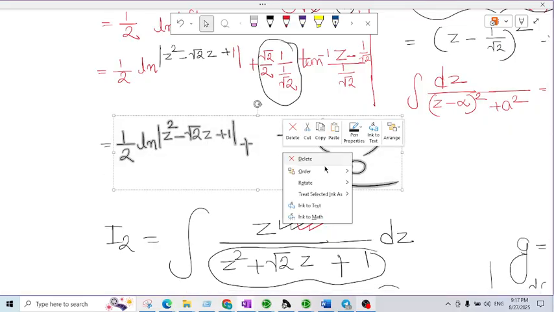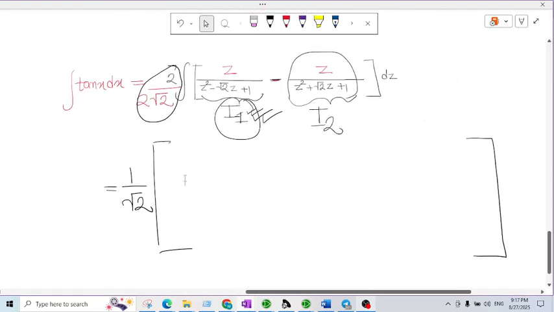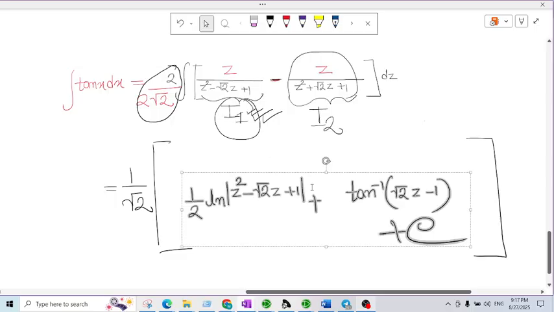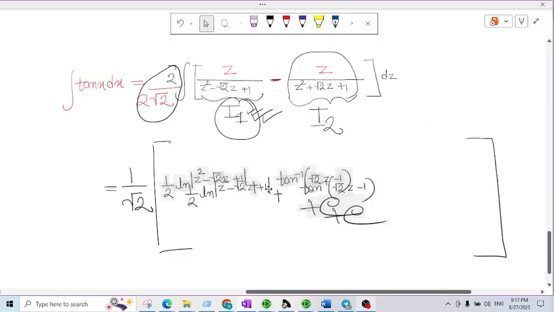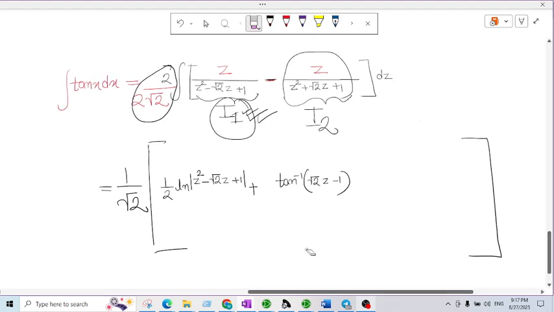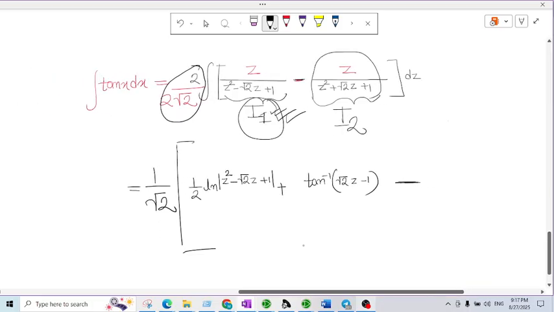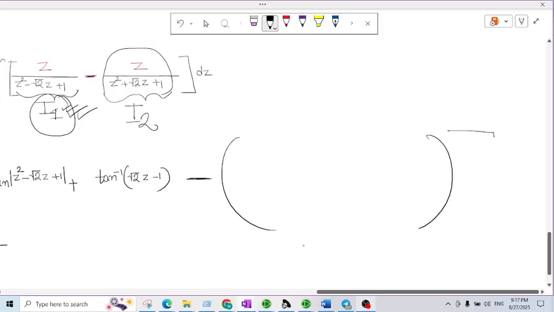Let me copy this thing and paste it here. Well, so this is I1, I have a minus here, and then let me place the value of I2 here.